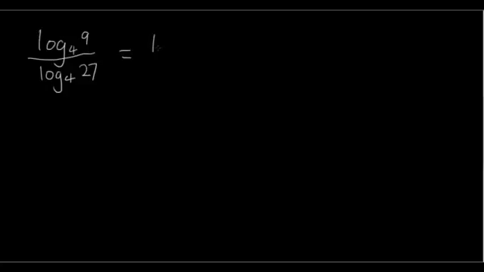Well, if you convert both numbers in the base numeral into base 3, 9 is the same as 3 to the power of 2, and 27 is the same as 3 to the power of 3.